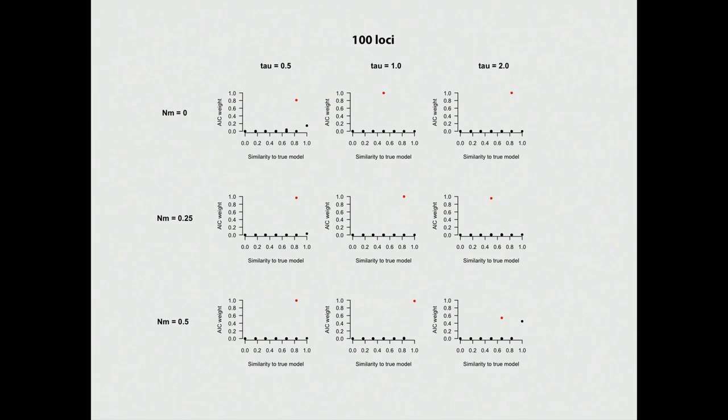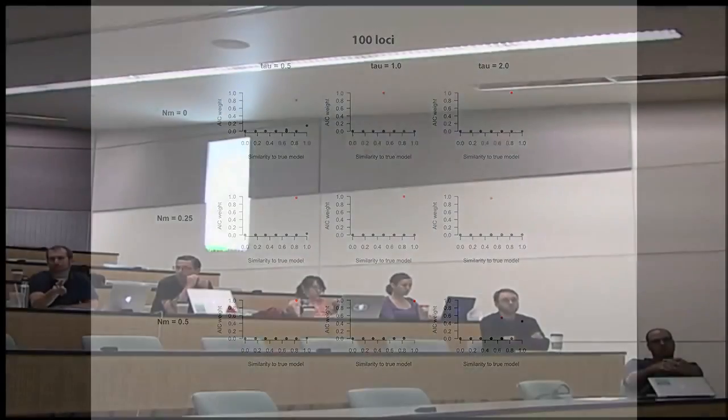You mentioned that in some of these cases, the inference of historical migration might be leading to the discrepancy. So if you were to rerun these with only the subset of models that don't include that, would you expect to see greater agreement between the highest ranked model and the true model with increasing numbers of loci?